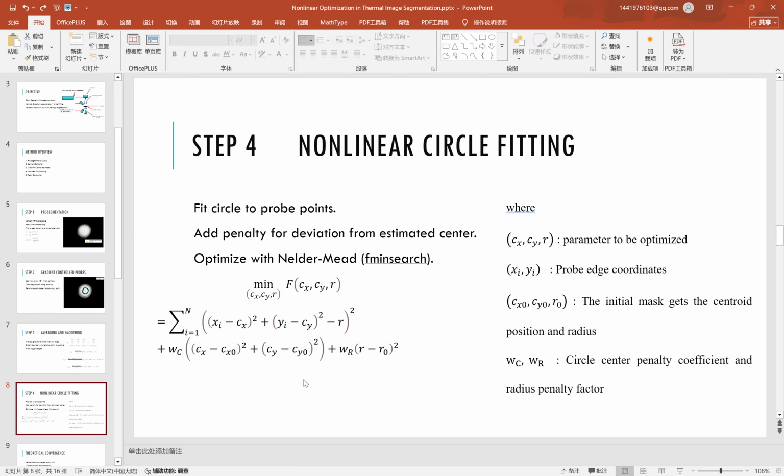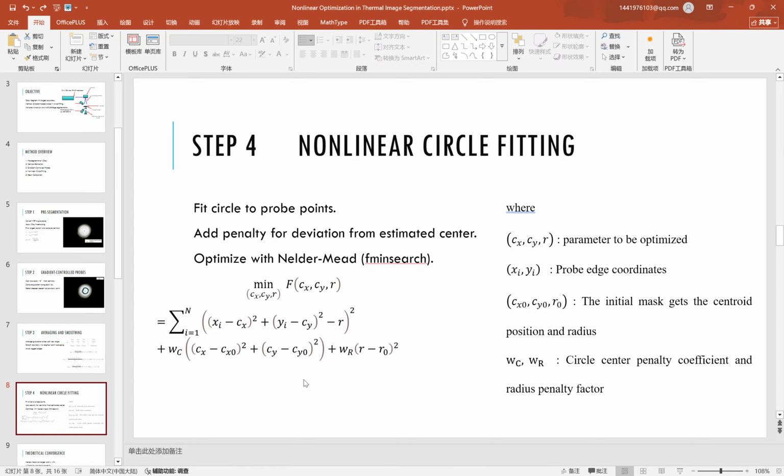The function is a typical nonlinear least squares problem, and is often solved by methods such as Gauss-Newton or the Levenberg-Marquardt method. Here we use the Nelder-Mead method, which is the fminsearch function in MATLAB.